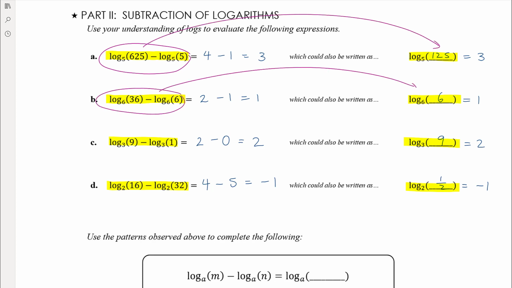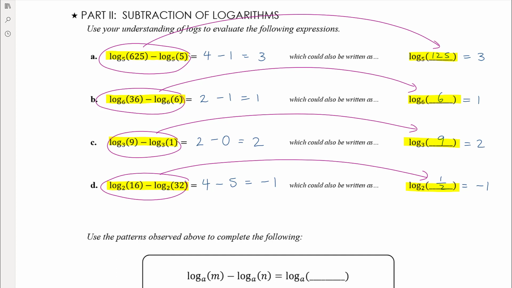What process is happening? Logically, based on the previous set of examples, we can see in this case 625 divided by 5 is 125. 36 divided by 6 is 6. 9 divided by 1 is 9. 16 divided by 32 is 1/2.